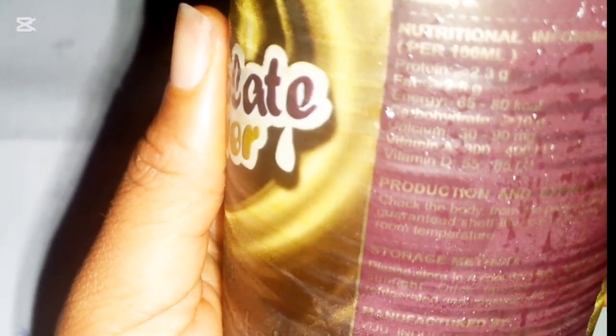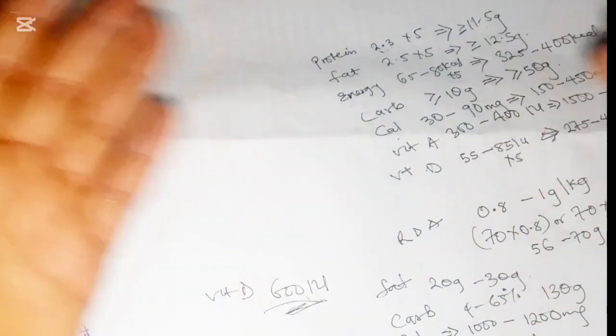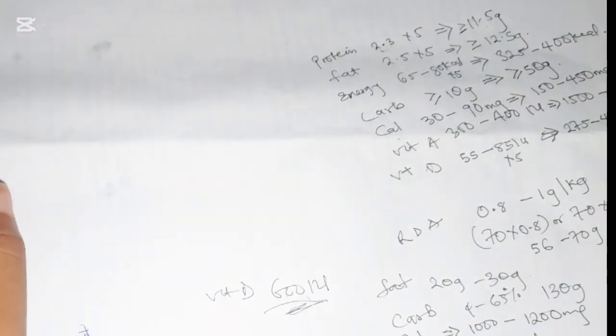If you use the local foods like rice, swallow, yam, you may not get the exact quantity and grams and weights, okay? But using this, they've already done the job for us. They've already measured it and given it to us here. So all I'm doing is just the calculation.